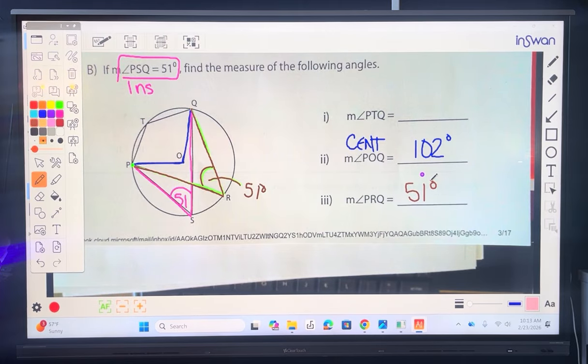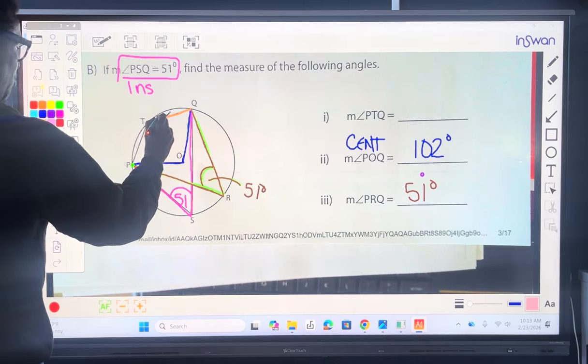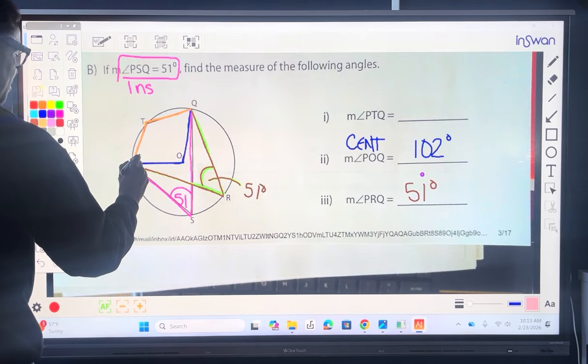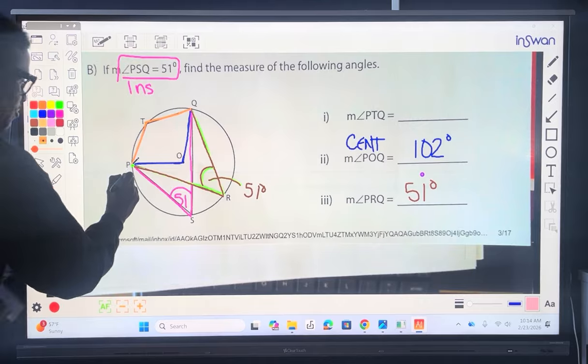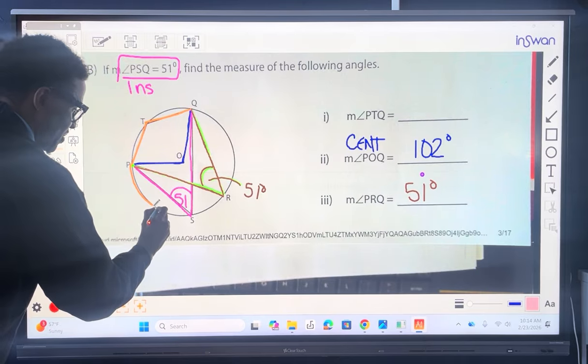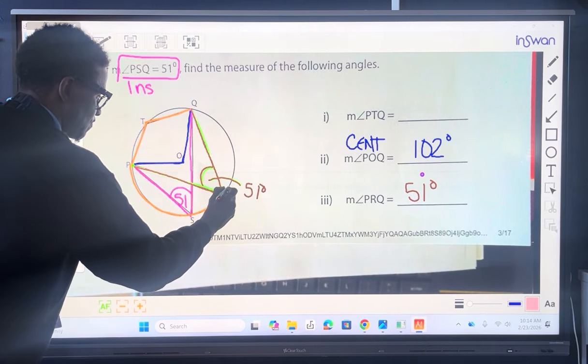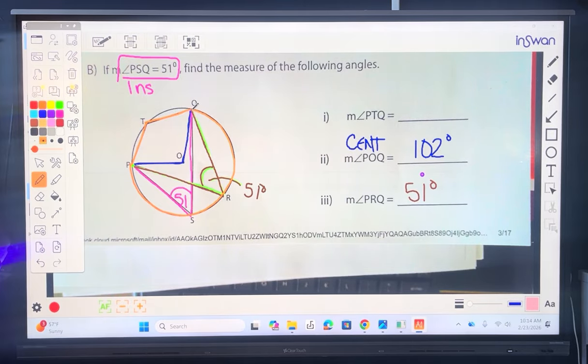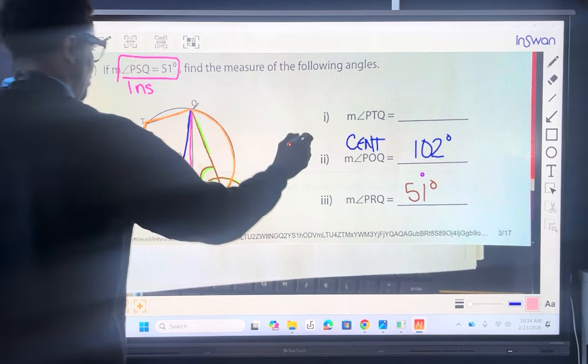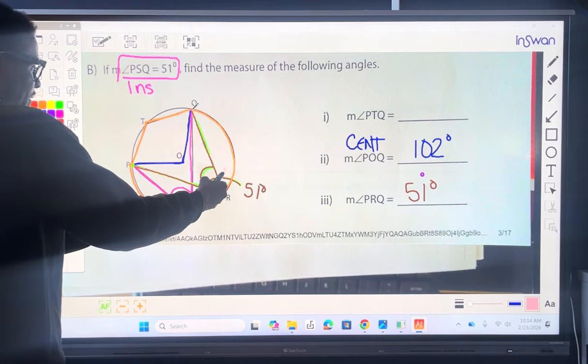So now we need an answer. What would QTP or PTQ be? We now need all of this. I think it's 360 minus 102. Wait a minute.